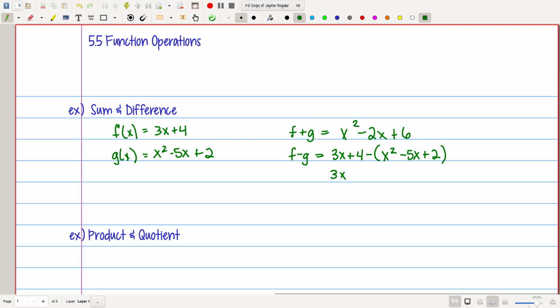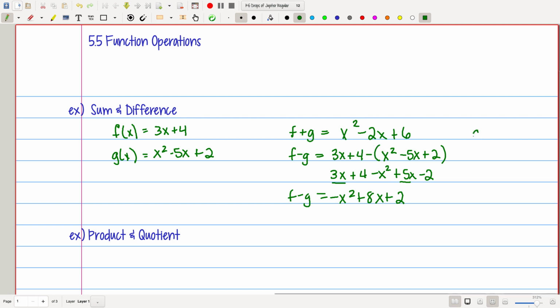So you end up with 3x plus 4 minus x squared plus 5x minus 2. And then I can combine like terms. So I'm left with negative x squared, and then I'm going to combine the 3x and the 5x, and now I have 8x, and then 4 minus 2 would be positive 2. So again, on that subtraction, you would have to distribute that negative.